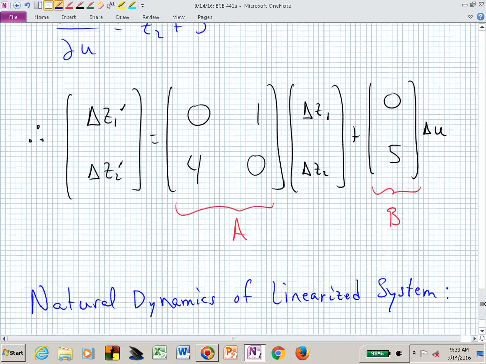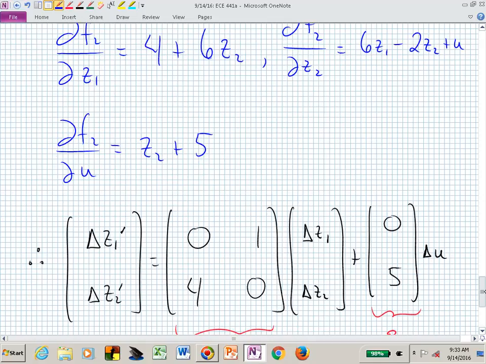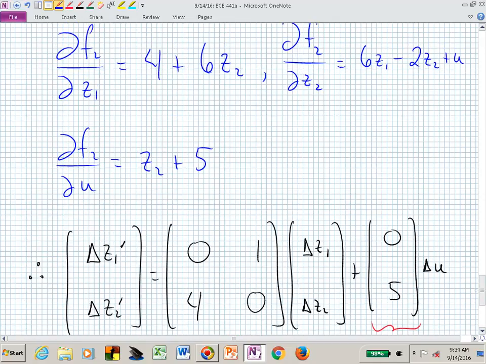Where did I get the 4, 0, and 5? Just right there. So the 4, 0, and 5 came from evaluating these partials at the nominal operating conditions. And the nominal operating conditions that we selected for this example were 0, 0, and 0. Z sub 1 is 0, which makes that 6 on the right go away.